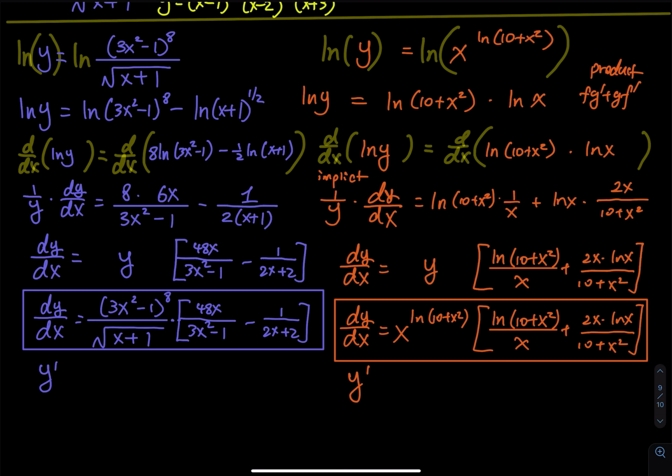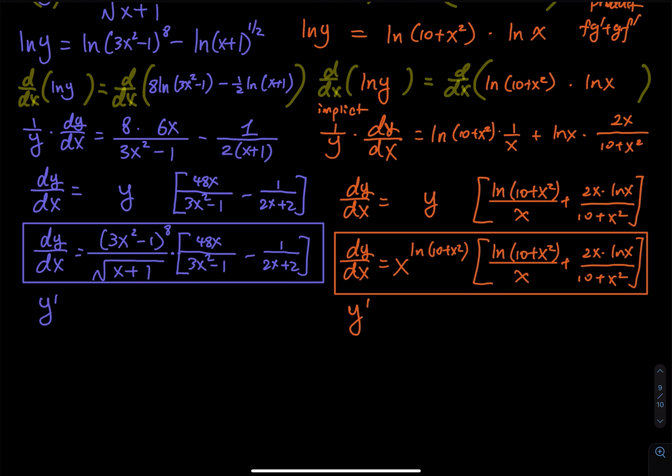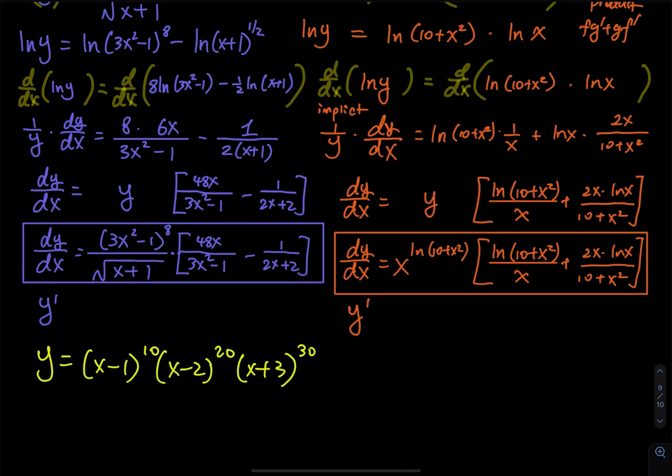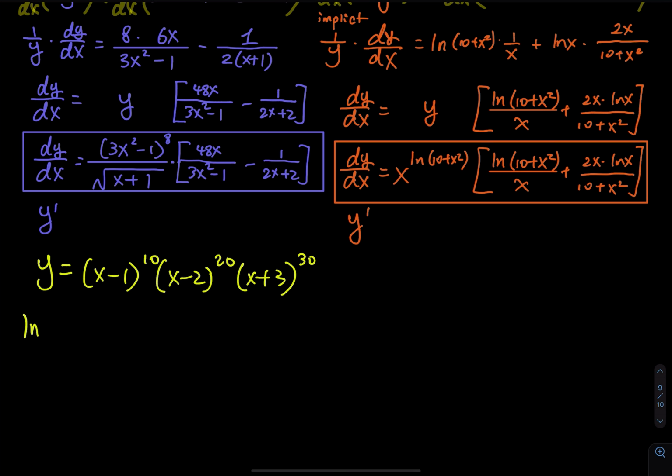All right, so let's move on to the last one. I'm going to write down the problem for you, so you don't need to rewind the video. y equals (x − 1)^10 (x − 2)^20 (x + 3)^30. First of all, we ln both sides, so we have ln y.